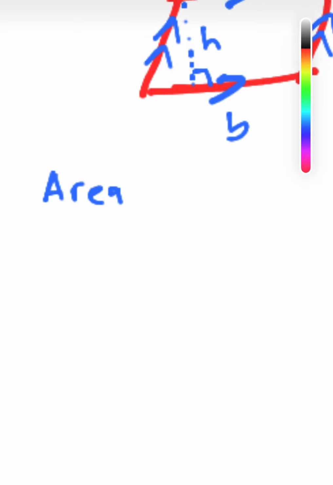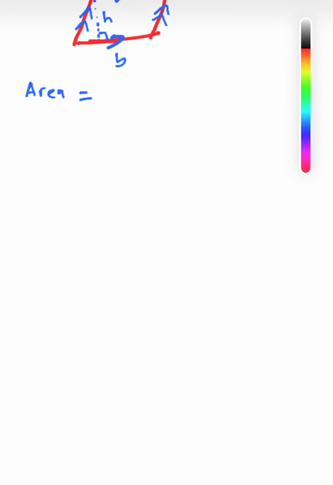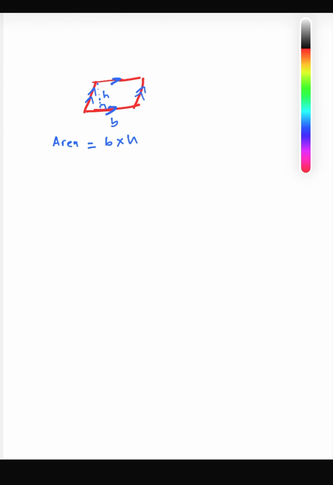So the area of a parallelogram is equivalent to the base times the perpendicular height. In other words, B times H.